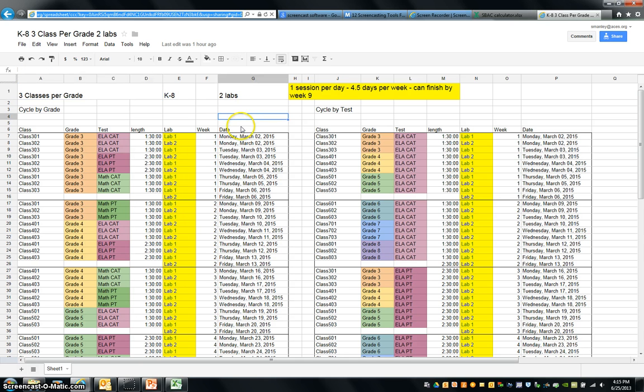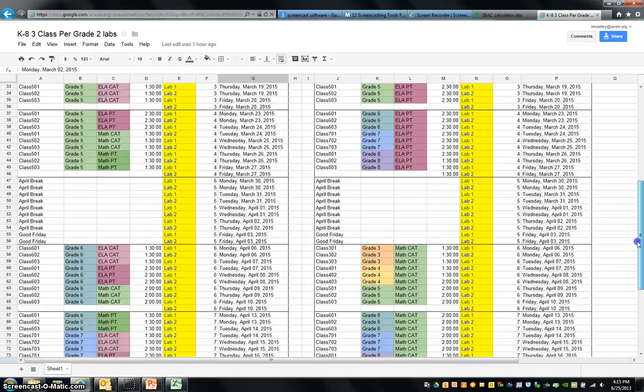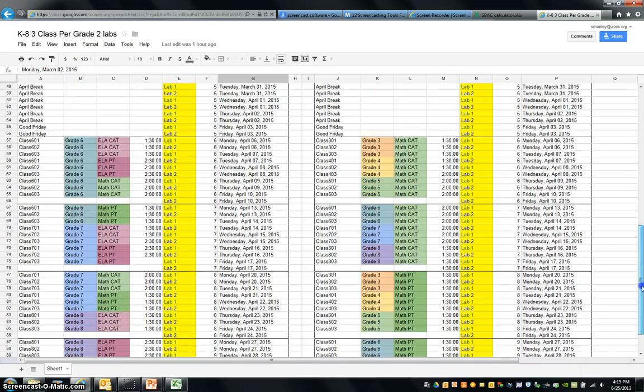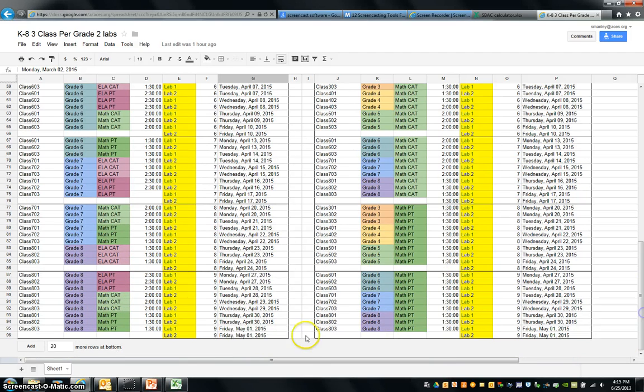And you can see that this is a very aggressive schedule where we're testing basically every day. One day in the morning we're filling the entire lab up, and we're running all the way from Monday, March 1st through what I propose will be our April break during Good Friday, and all the way out to May 1st.